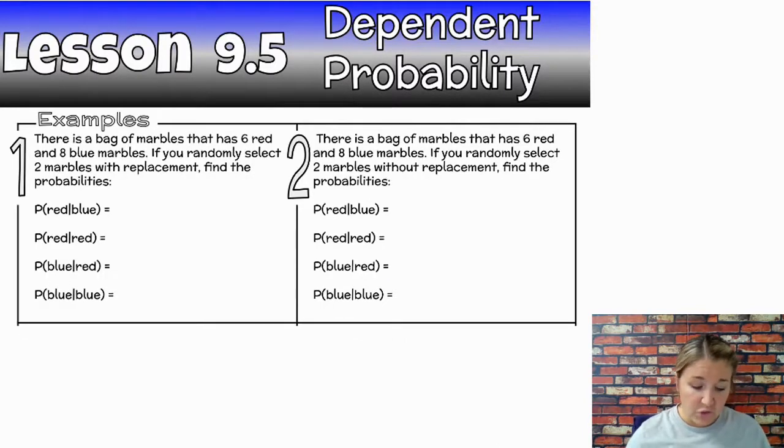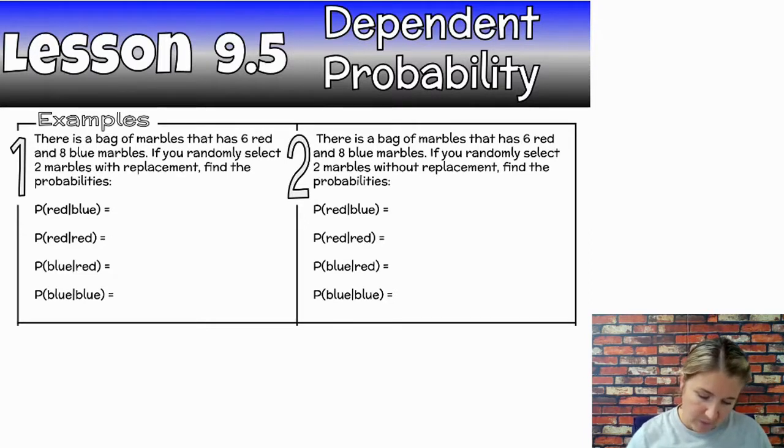Let's look. So this first one, we have a bag of marbles that have red and blue marbles. There's 6 red, 8 blue. If you randomly select 2 marbles with replacement, that means that you're going to select one, look at it, record it, and then put it back, and then select the second one. Find the probabilities of a red and a blue. So this is very similar to what we did yesterday.